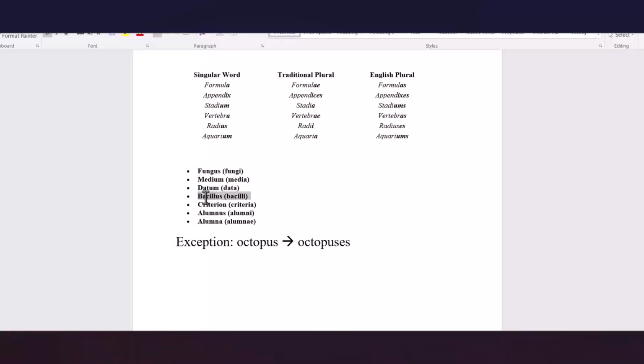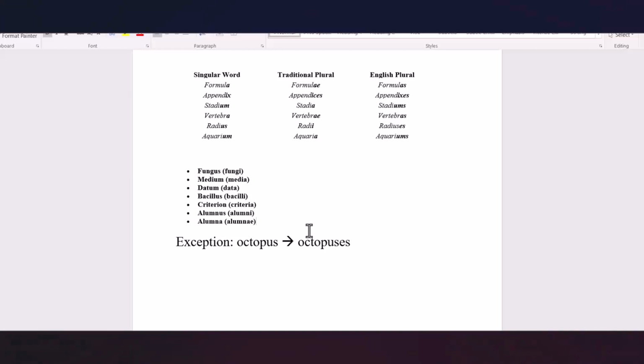Bacillus, bacilli, which is a kind of organism like microbe and bacteria. Criterion, criteria. Alumnus, alumni. Alumna, alumnae. Alumnus refers to a man who graduated from a school.